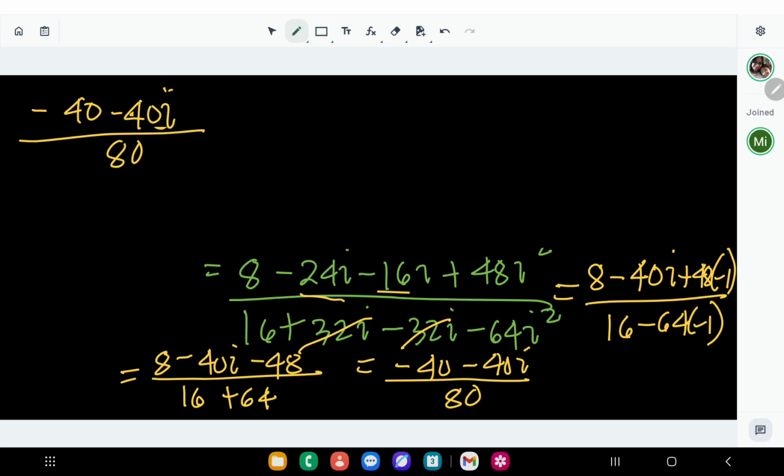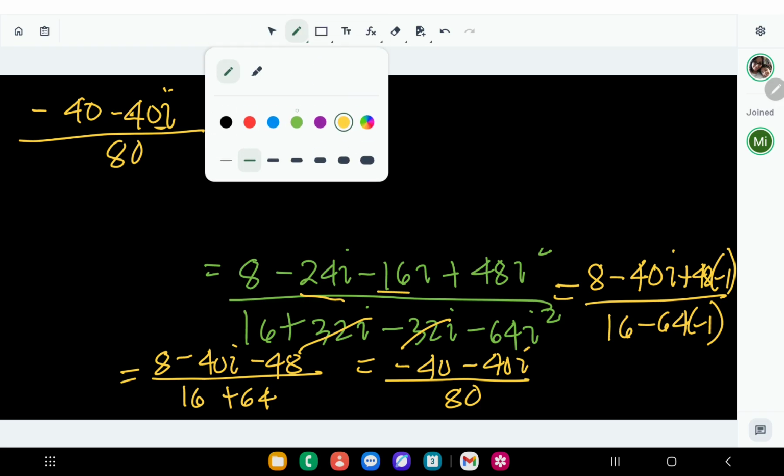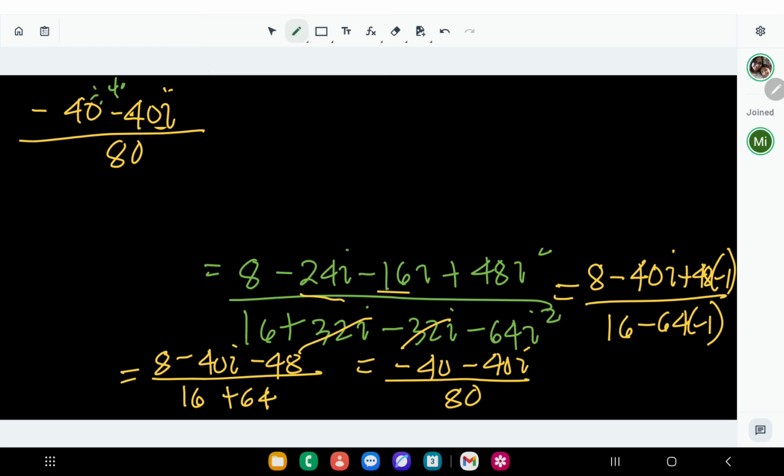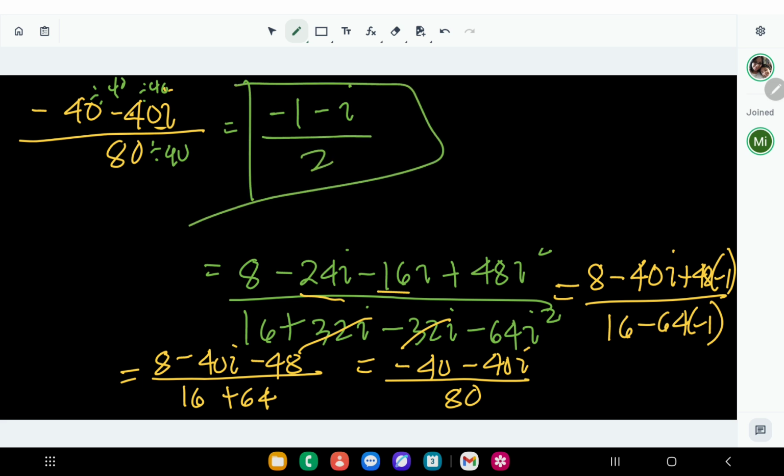So we divide both the numerator and denominator by 40. So this would become negative 1 minus i over 2. So this is now our final answer. Okay. Let me give you another example.